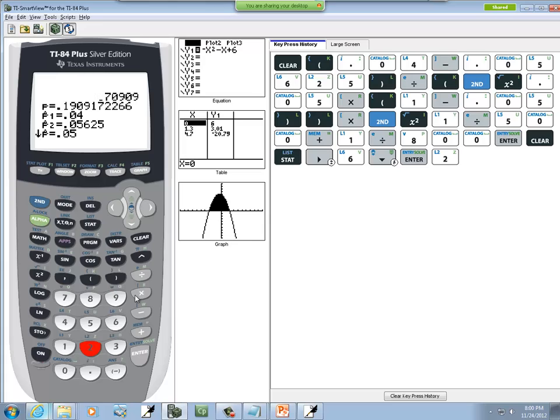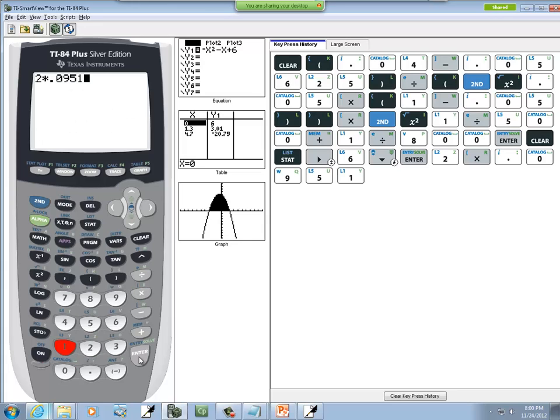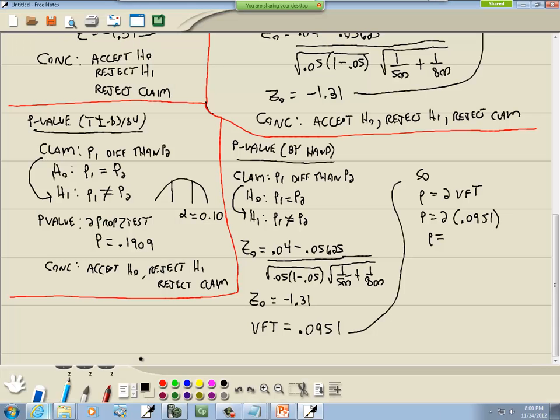So 2 times 0.0951, and we get 0.1902. You notice using technology and doing it by hand don't come out precise, but this is something we have to deal with.